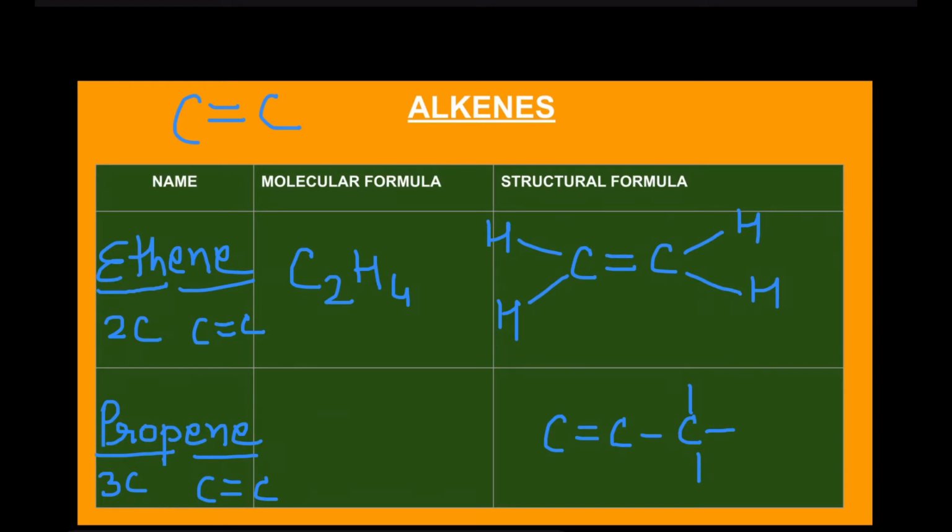Carbon has 4 valencies. Here this carbon has 3 valencies satisfied, so only 1 is left. And in this carbon, 2 valencies are satisfied, so 2 are left. This is the structural formula of propene. The molecular formula is C3H6.